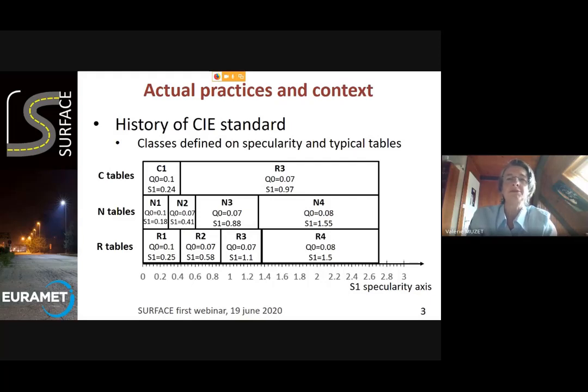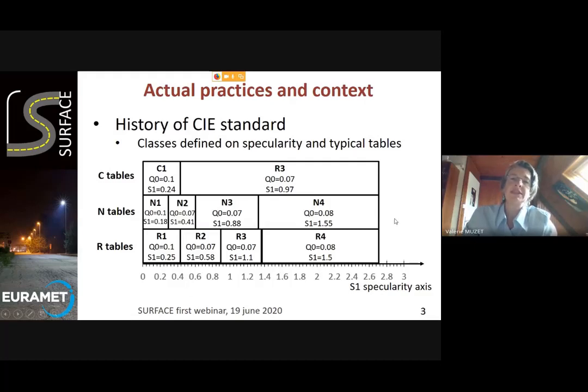In fact, we have different systems of tables: R tables, Nordic tables, and C tables. But all these tables were defined with boundaries and specularity.